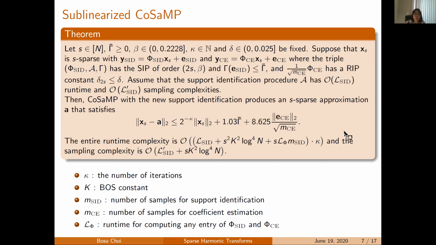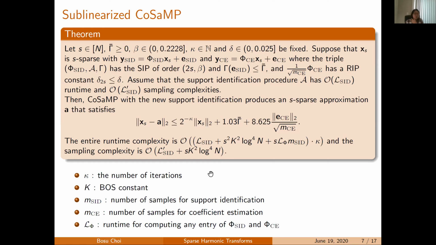And if our support identification procedure has big O of LSID runtime and LSID prime sampling complexity, then the entire runtime of this CoSaMP is LSID, plus this second term from the coefficient estimation, plus this third term from updating the samples in each iteration, and kappa is the number of iterations. And the sampling complexity consists of two parts, one from the support identification, and the second from the coefficient estimation.